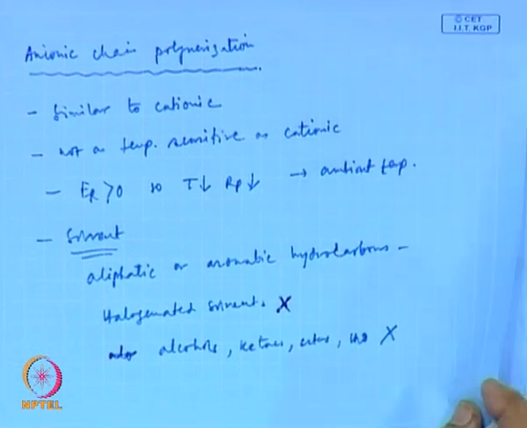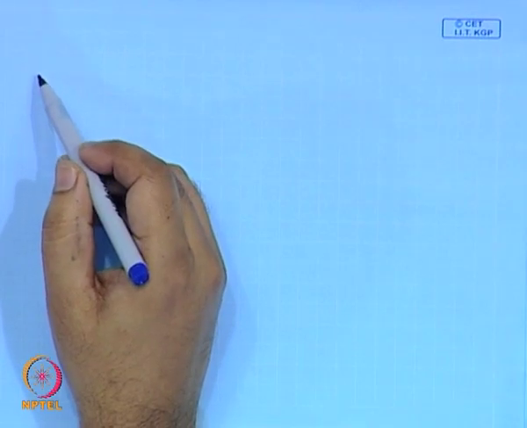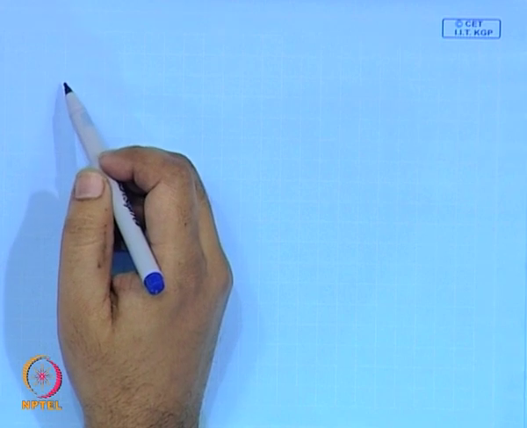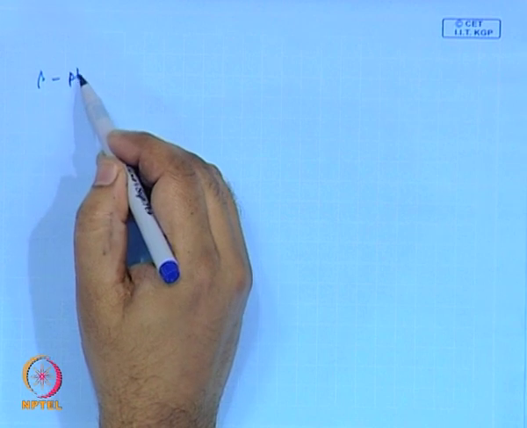Now, another difference of anionic polymerization from cationic polymerization is the possibility of transfer reactions.